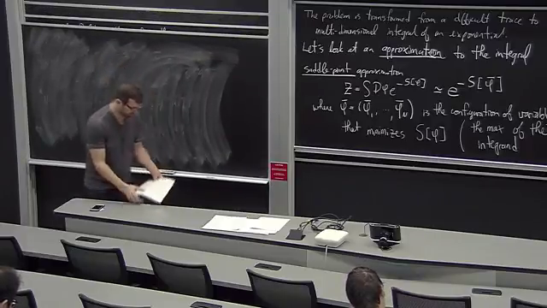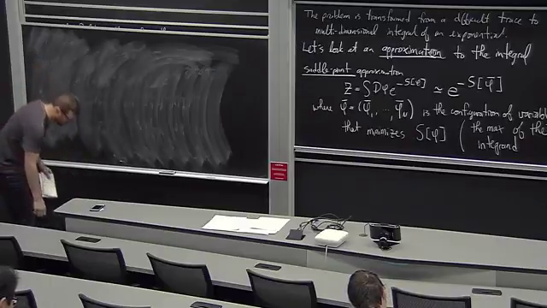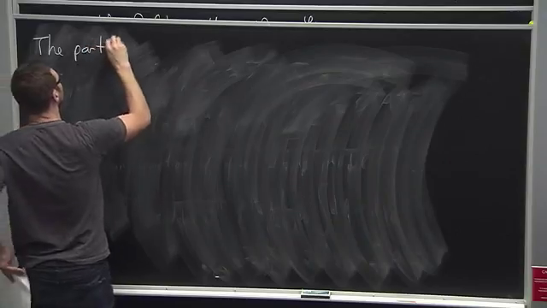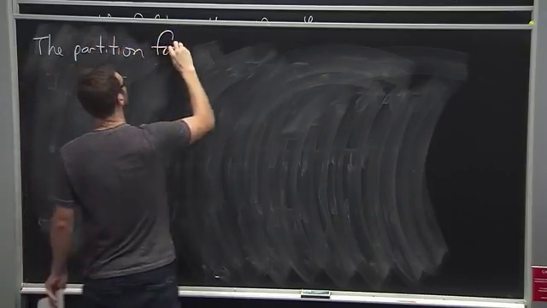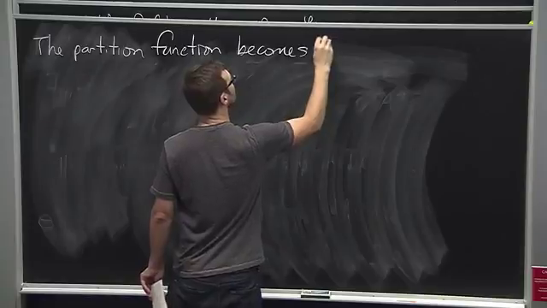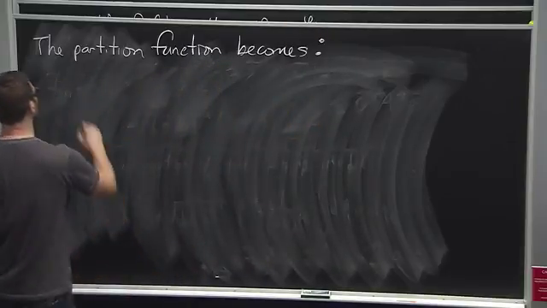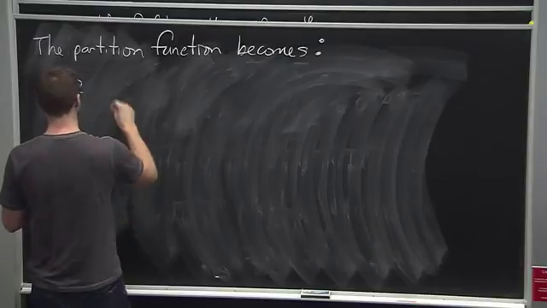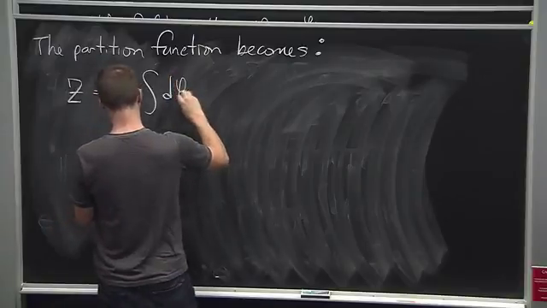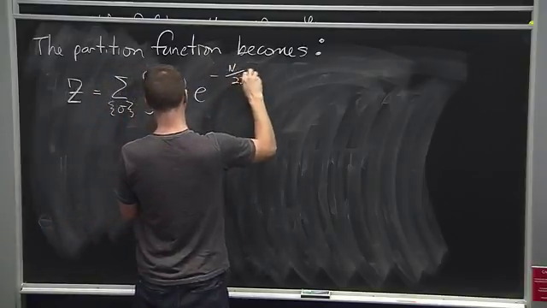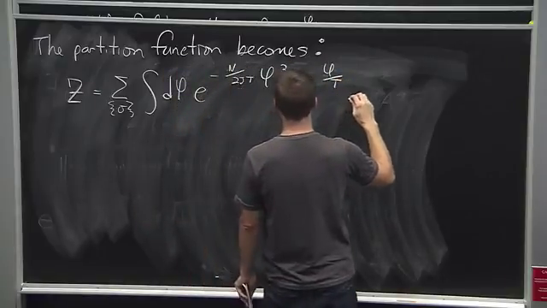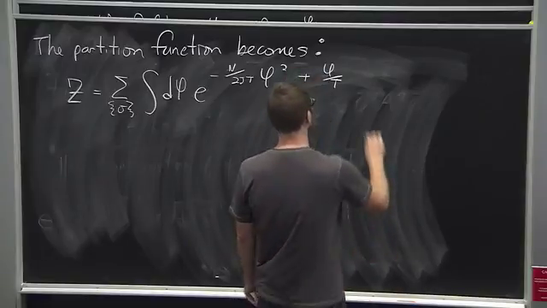Okay, so let's write that. So I have a trace, one field, and, oh yeah, sum over the variables.